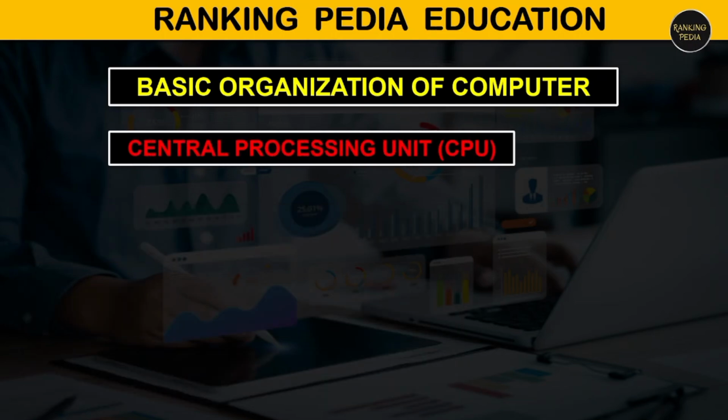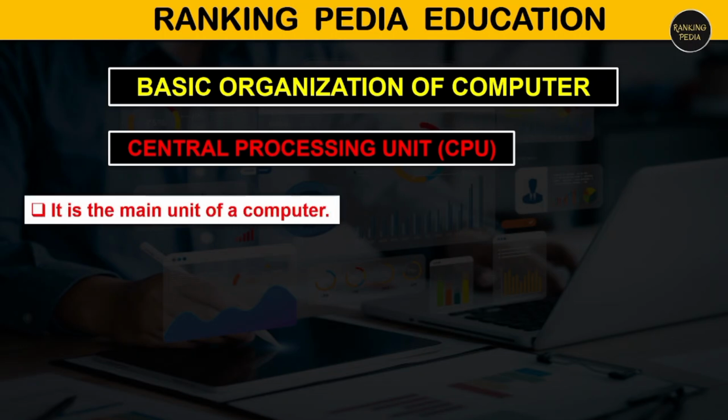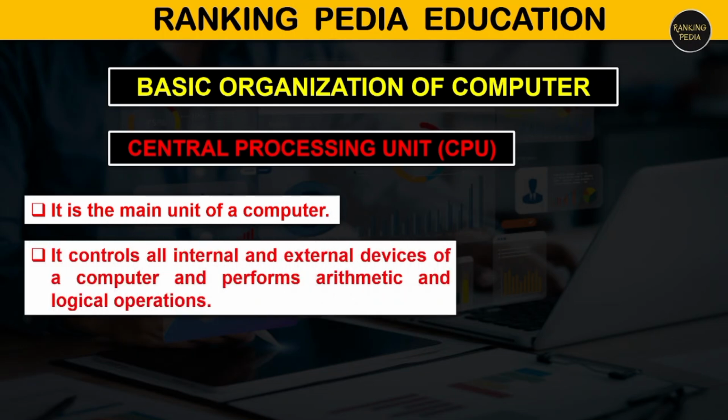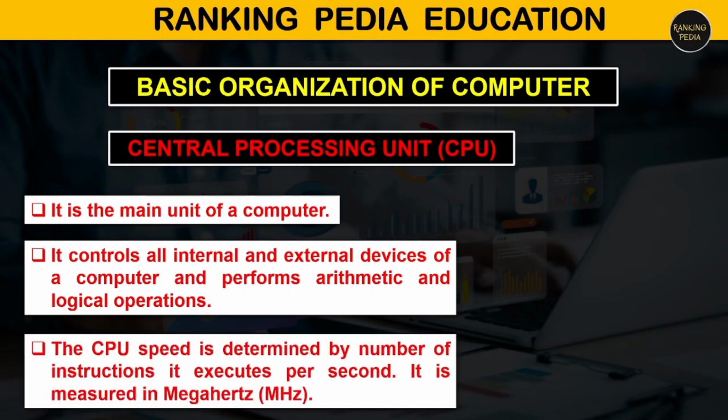Next is your central processing unit. CPU stands for central processing unit. CPU is the main unit of a computer. It controls all internal and external devices of a computer, and it performs arithmetic and logical operations. That's why it is known as the main unit of a computer. The CPU is actually very small and is referred to as a microprocessor.